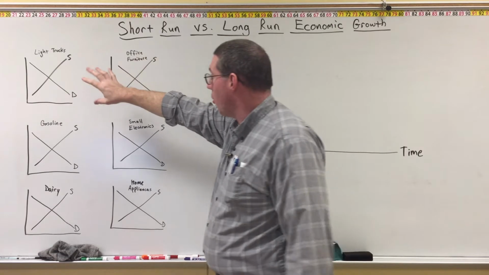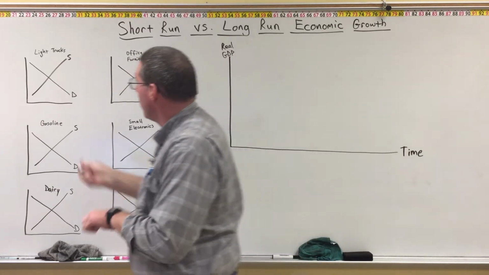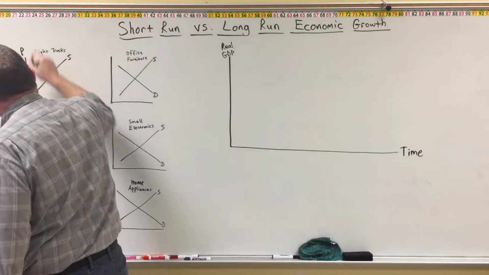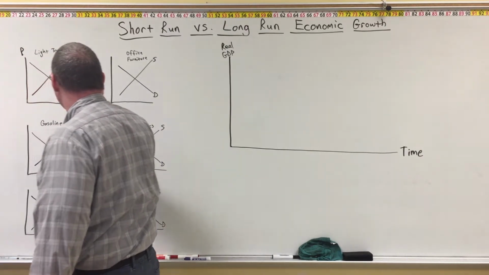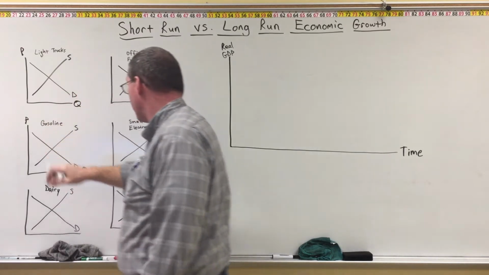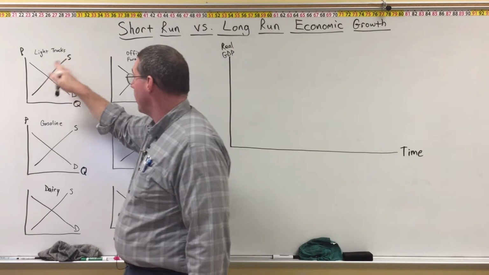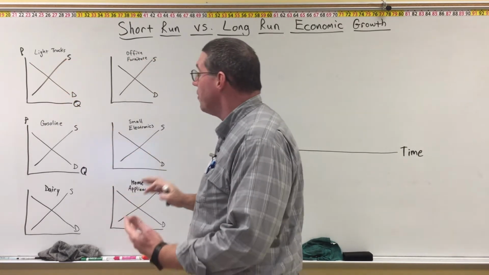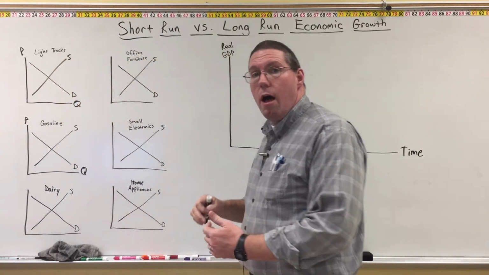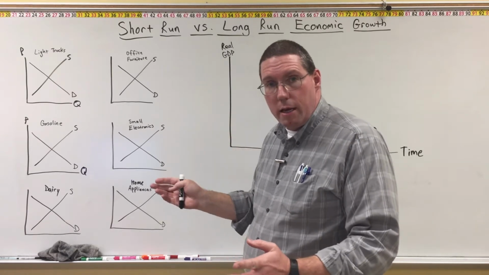What I've put over here are a bunch of market graphs, okay? And obviously on each one of these, we have price on the vertical axis and quantity on the horizontal axis, because that's how we draw a market graph. Each one has a supply curve and a demand curve, and I've given a sample of different kinds of markets in an economy.